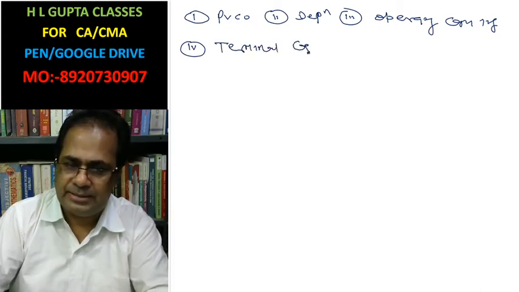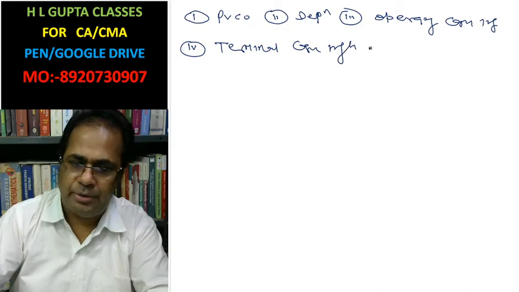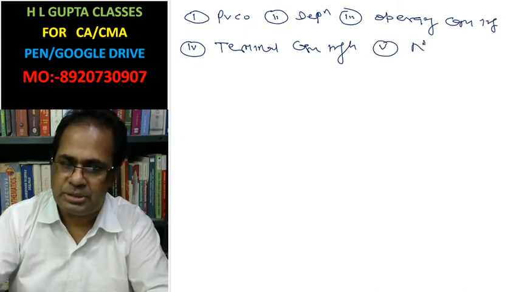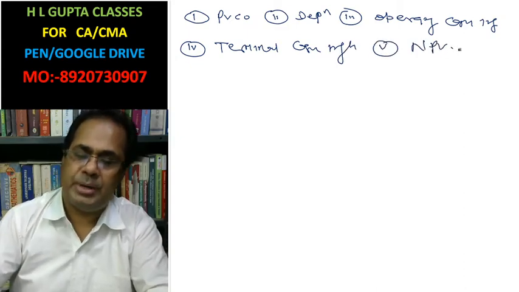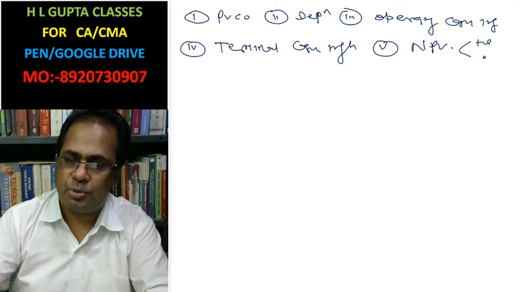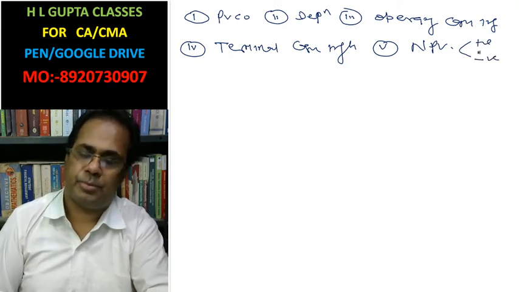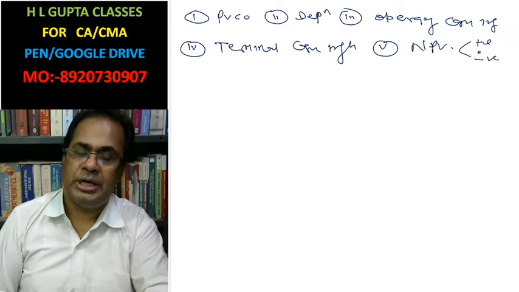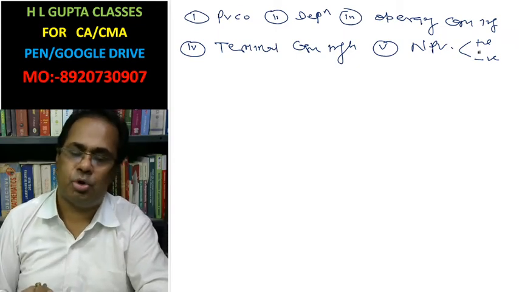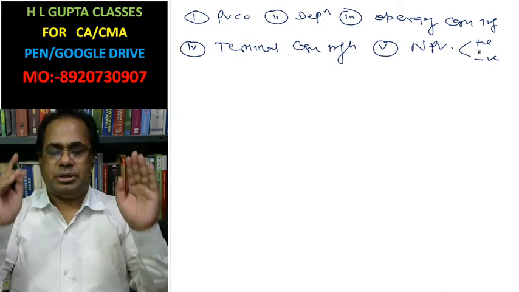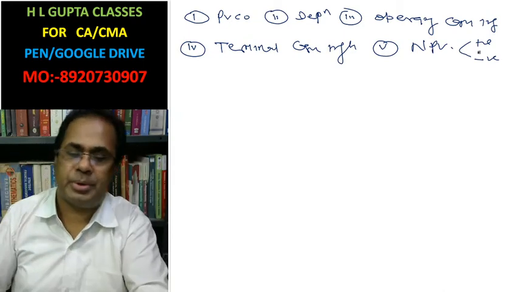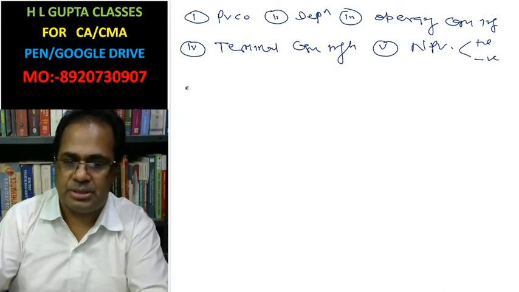In the fifth, you have to calculate net present value. If net present value is positive, accept the project; if negative, reject the project. In this case you don't need to calculate the tax benefit due to sale of the old machine, because this is not a question of replacement, this is a question of expansion.